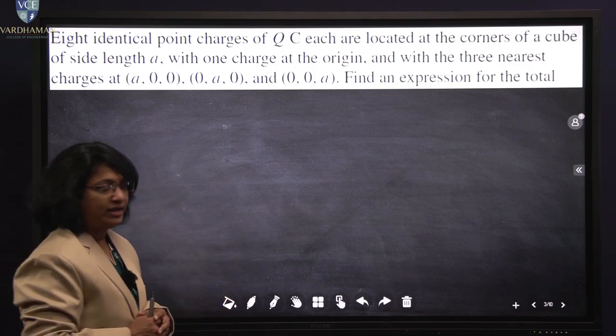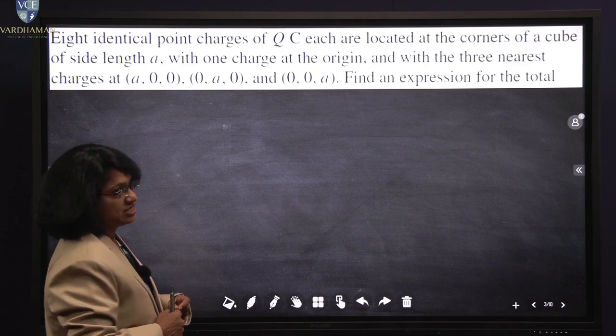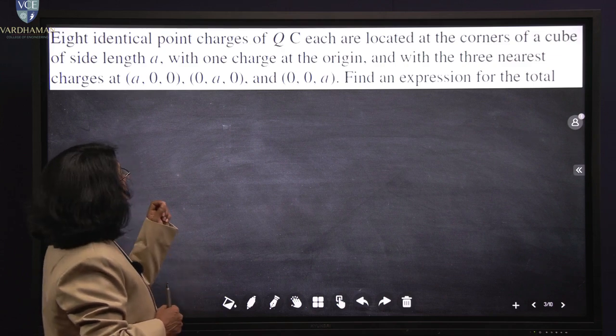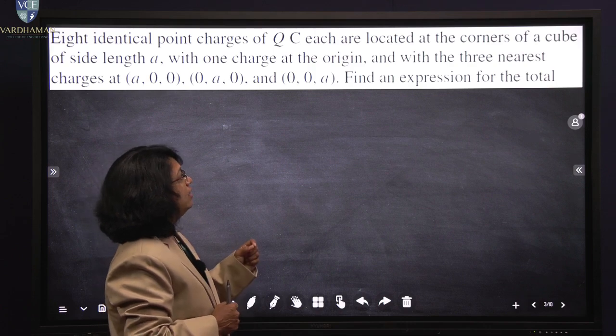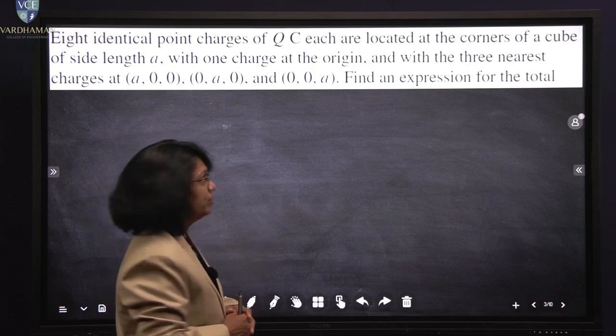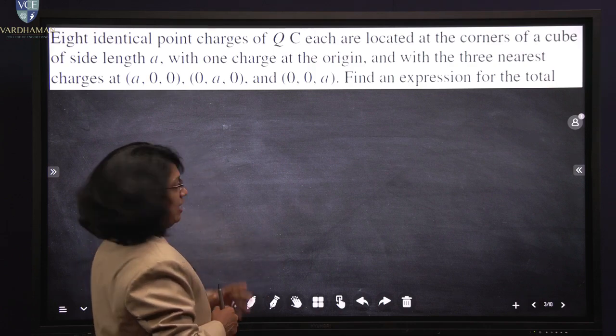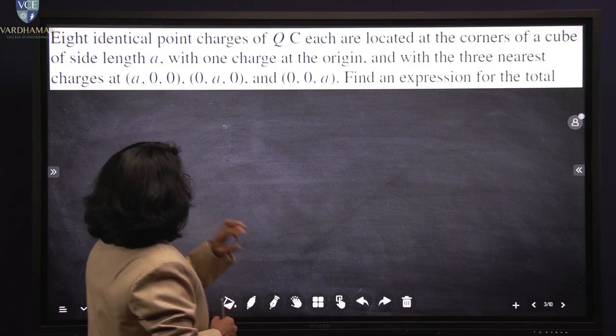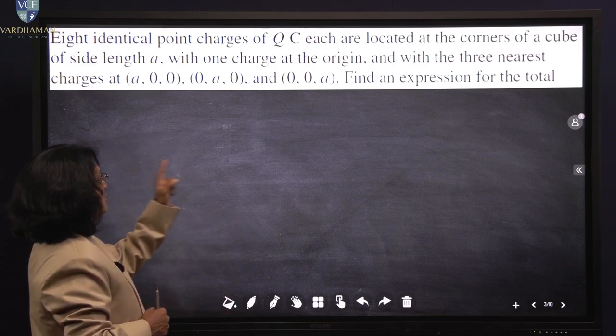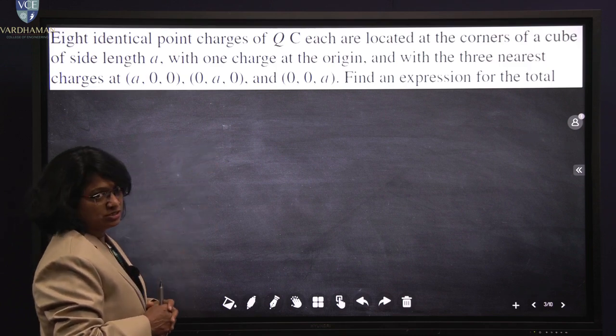There are 8 identical point charges of q coulombs placed at different corners of a cube of side length A, with one charge at the origin and the 3 nearest charges at the respective points.